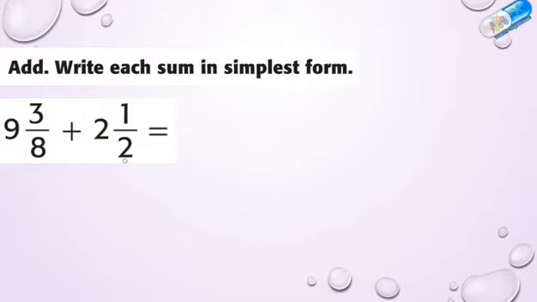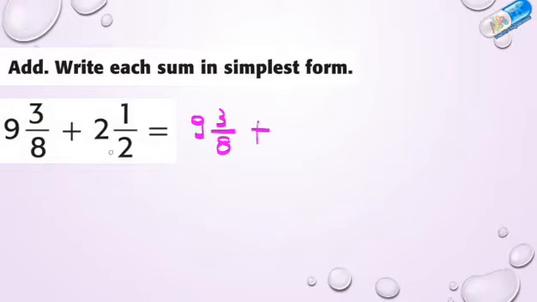The denominator here is 8 and the denominator here is 2. They are different denominators. And from the video on adding and subtracting fractions, we know that if the denominators are different, we look if one of them is a multiple of the other one, it will be easy for us. Of course, 8 is a multiple of 2. So 9 and 3/8 will not change.